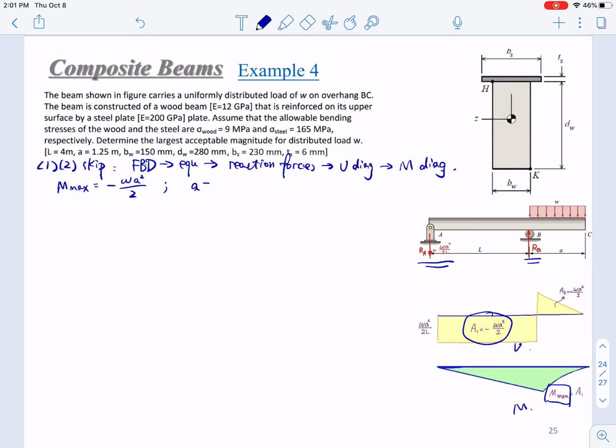Here a is 1.25 meter, 1,250 millimeter. So this will be negative 1250 squared W over 2. The unit will be Newton millimeter.